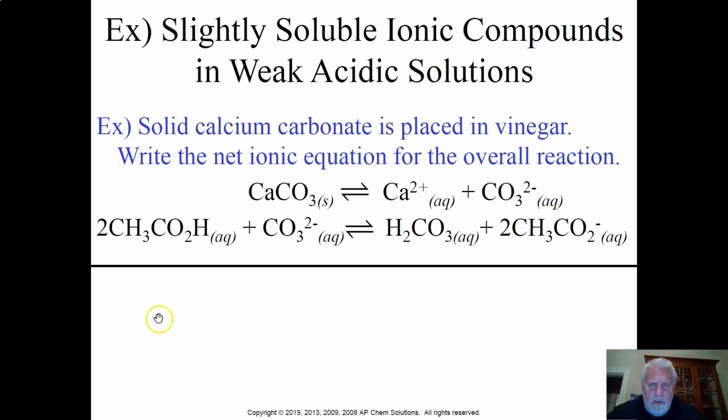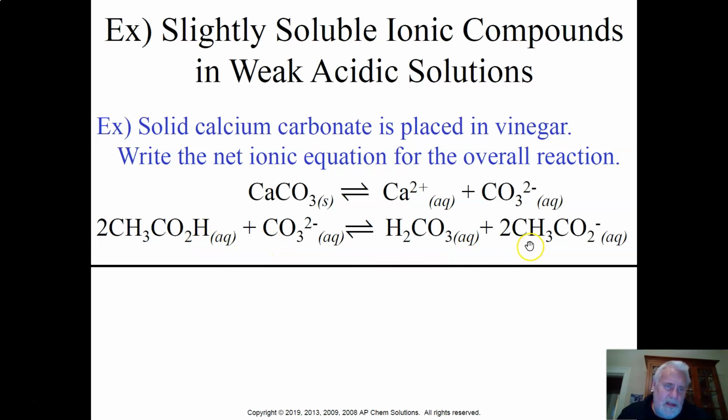And so now when we add this weak acid, that hydrogen doesn't leave, but it will react with something like a carbonate ion to pull that hydrogen off, because it's not really that willing to get rid of it because it's a weak acid.